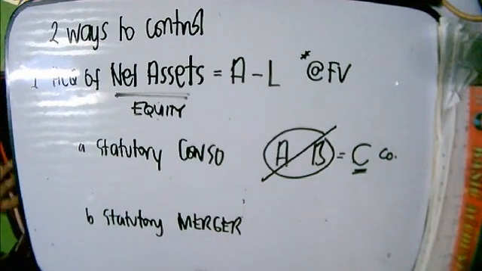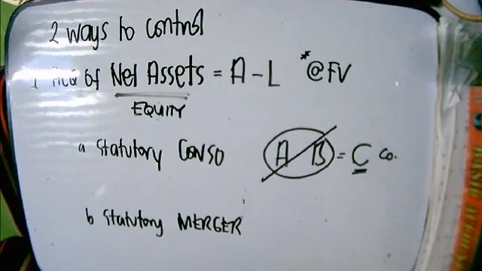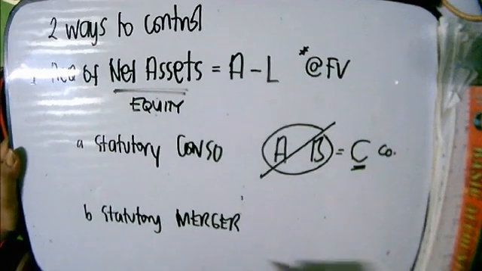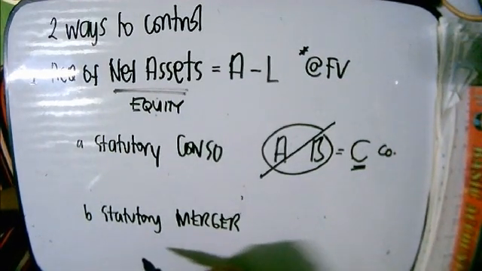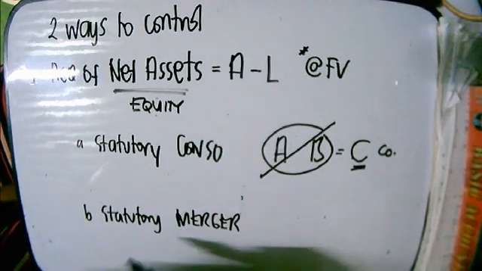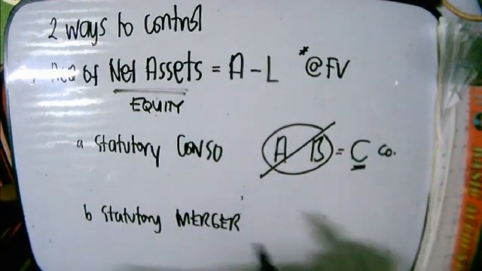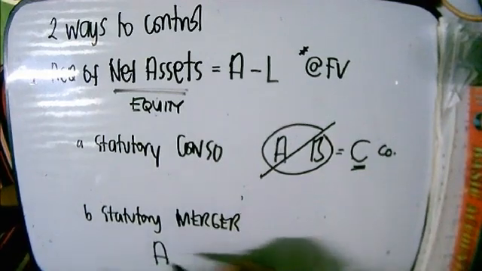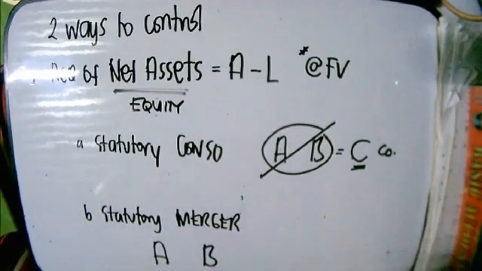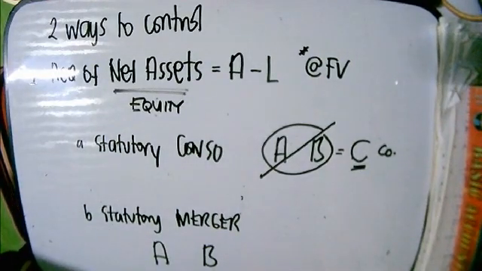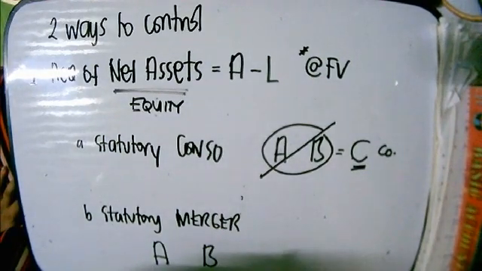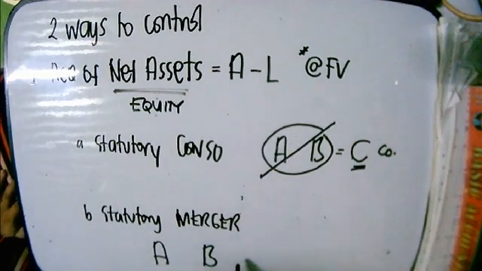Under statutory merger naman is inaabsorb ng isang business yung isang business. So, for example, si A and si B, kapag na-absorb siya, nagkakaroon ng sole surviving entity. So, it's either A or si B but not both.